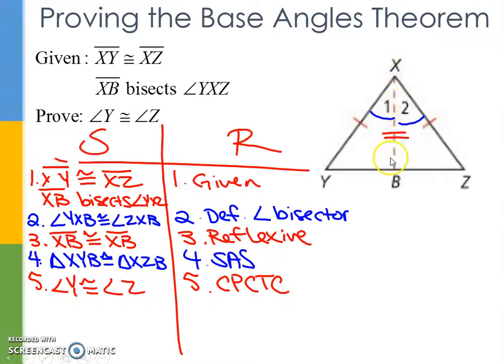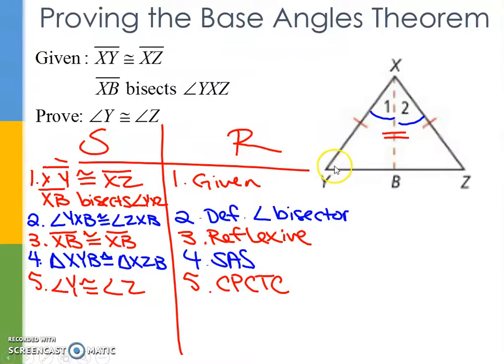Side XB is congruent to side XB because these two triangles share it right here. So that's reflexive. And then this triangle and this triangle are congruent by side angle side.